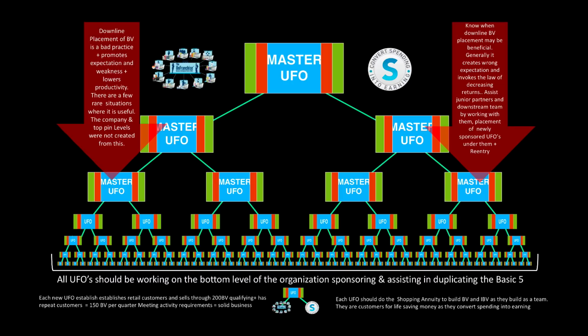It invokes the law of decreasing returns, but it's better to assist the junior partners in a downstream team by working with them and the placement of newly sponsored UFOs under them and then reentries. And when everybody's doing that, it gets stronger and stronger and stronger rather than weaker and weaker by somebody else doing it for them. After a while, you got to do it all.